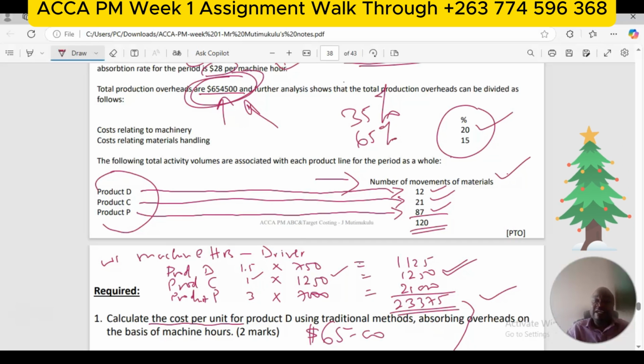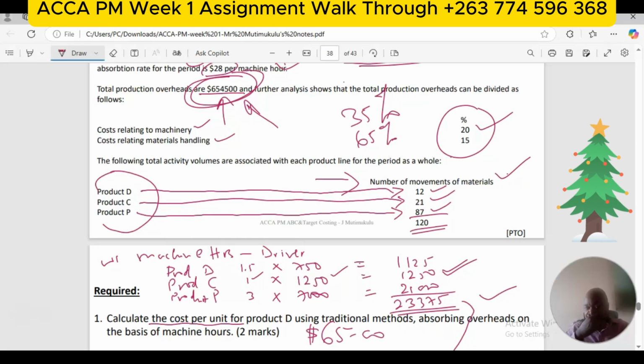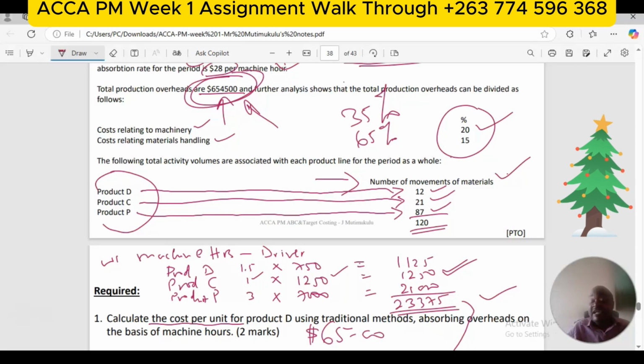So far, the examiner gave us only two cost pools, machinery as well as materials handling. Are we together, ladies and gentlemen? The examiner is simply saying that it's very, very possible to just direct our attention to specific cost using ABC.